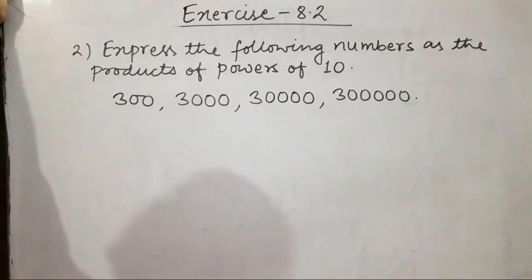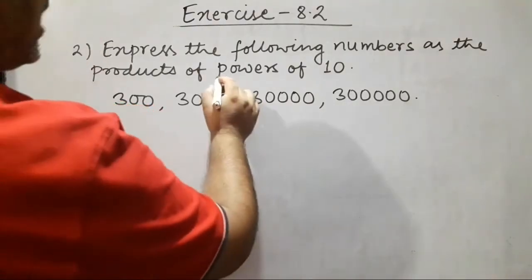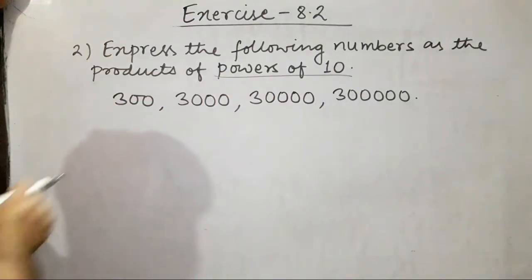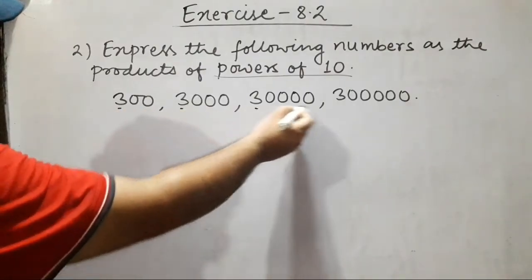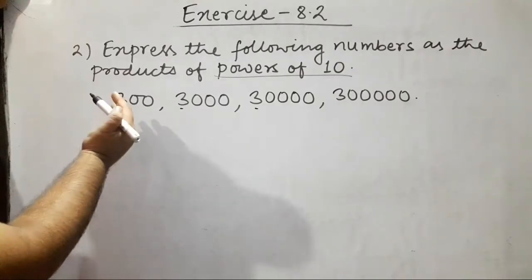Question number 2. Express the following numbers as the products of power of 10. That is, we have to express these given numbers in the power of 10. So to express them in the power of 10, we have to break this number and separate 3. That is, we have to factorize this number by separating 3.